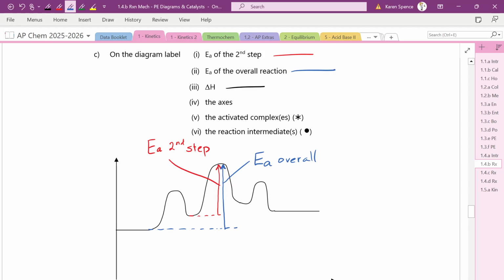So you can take a look and check your activation energies of the second step and overall.